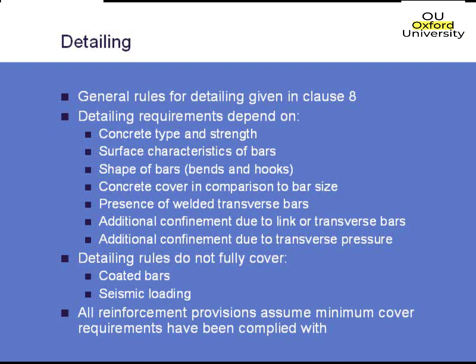It also doesn't fully cover things like seismic loading, at least not in Eurocode 2 Part 1 and Part 2. There are some additional requirements given in the seismic design code, which I think is Eurocode 7 or 8, something like that. And that's not 7 because it's 8. And that gives some additional detailing requirements. Basically that's because if you've got a structure in a seismic zone, you need some additional ductility within that structure to design for the seismic effects.